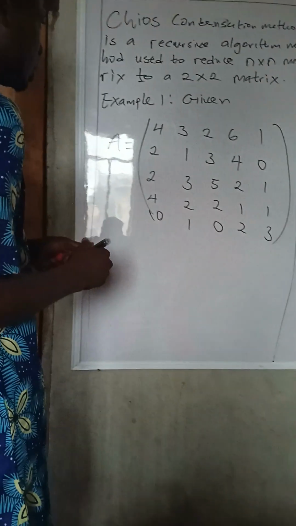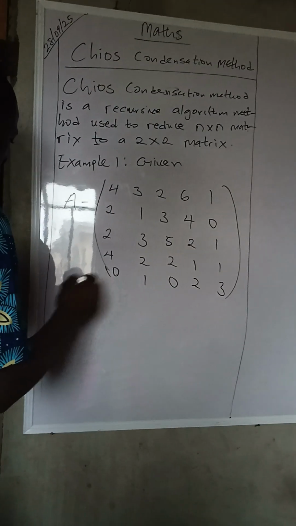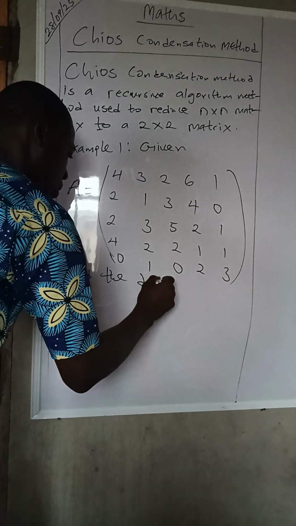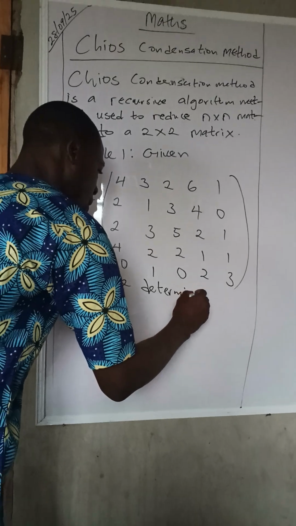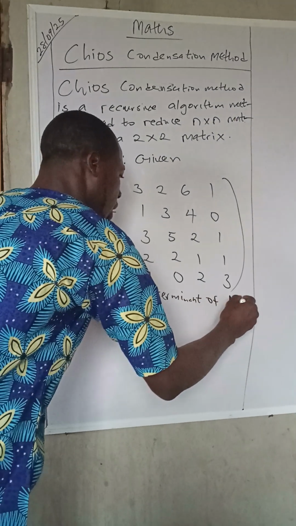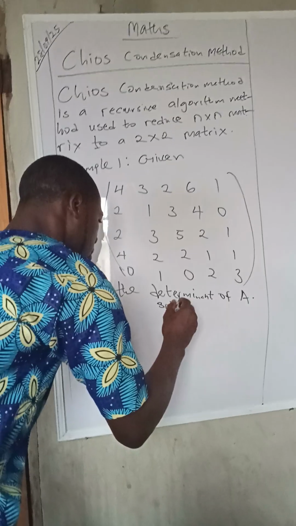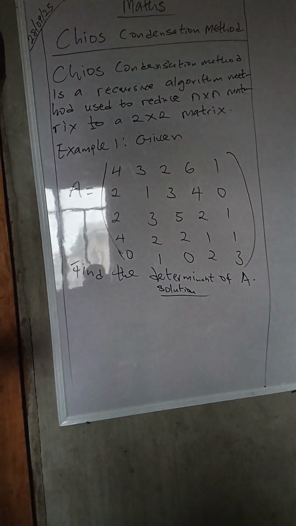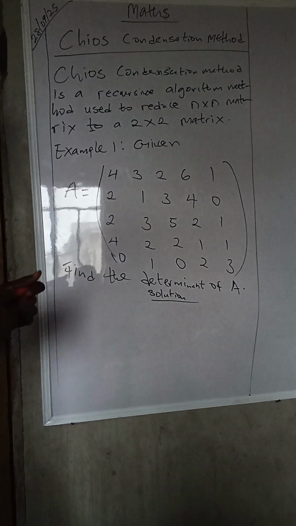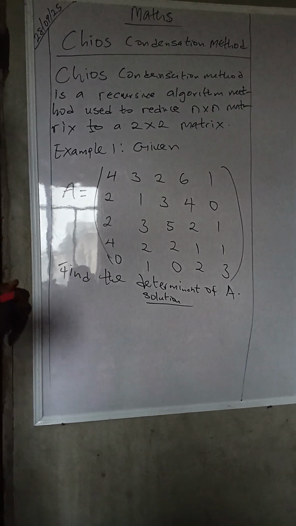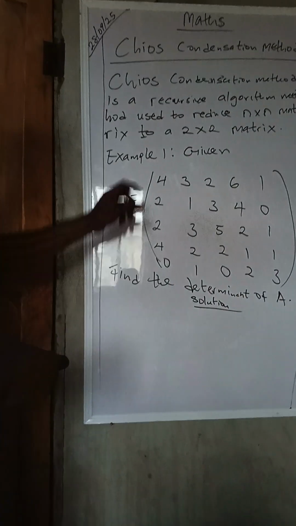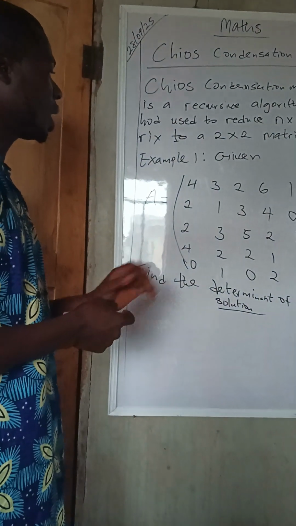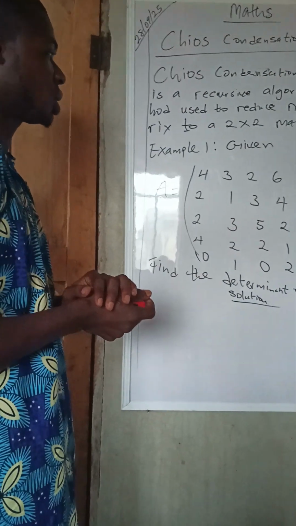Now to find the determinant of A. Solution. So to get the determinant of this now, we can apply this Chios method. The rule says that you look at your pivots. Ensure that your pivot is not 0.